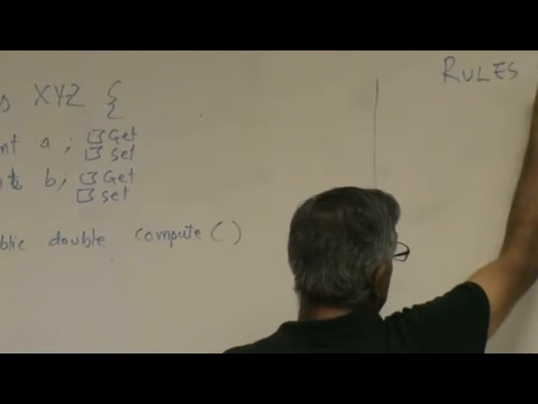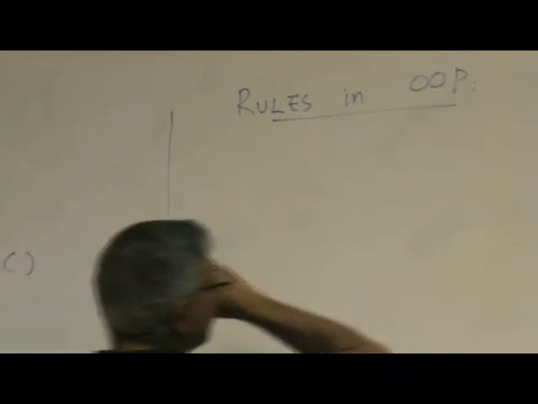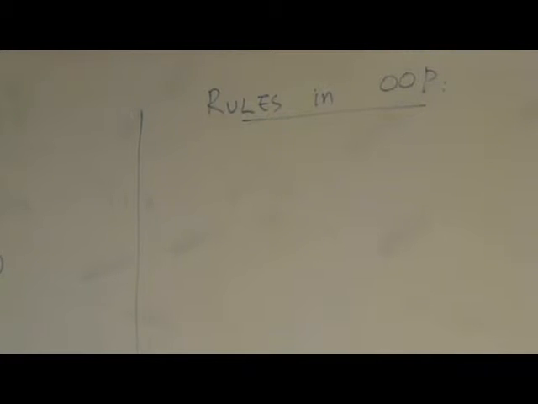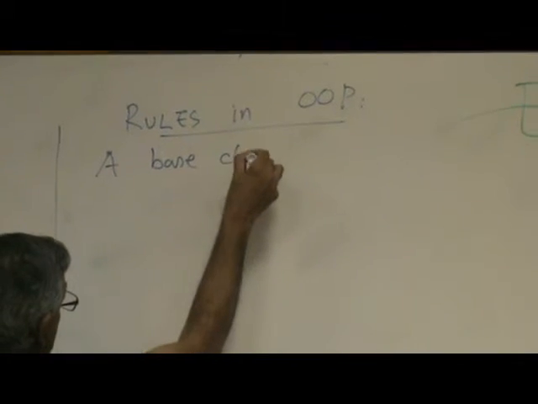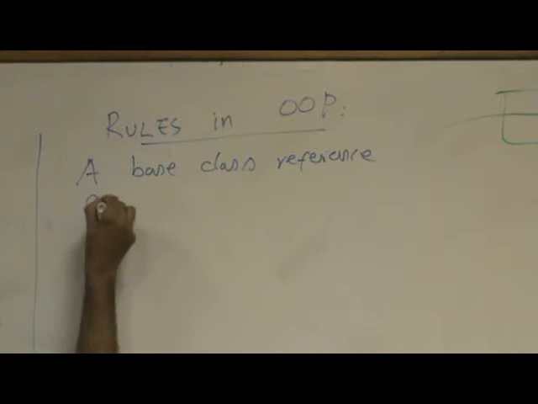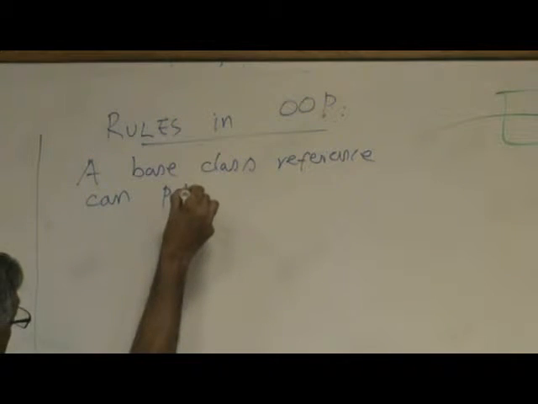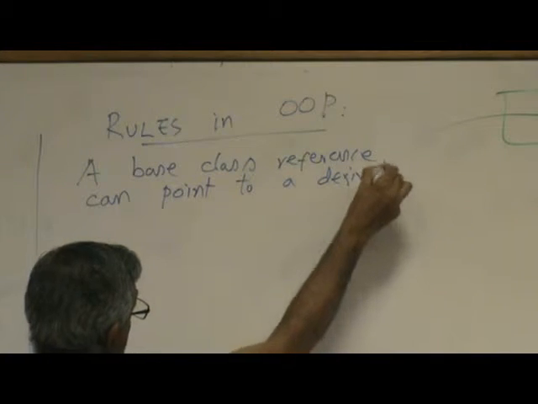One of the rules in object-oriented programming for all object-oriented languages, C++, Java, C#, and so on, is that a base class reference can point to a derived class object.